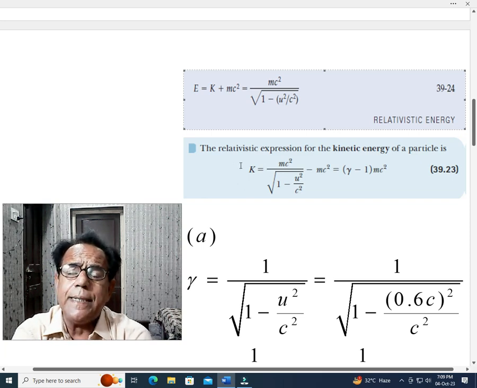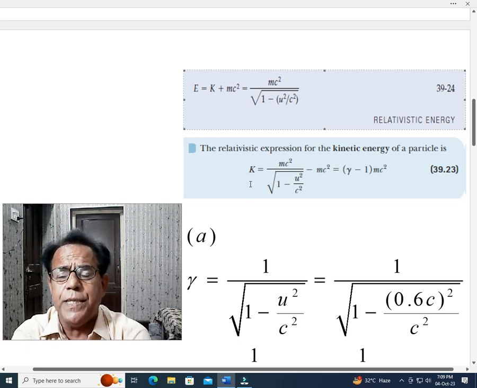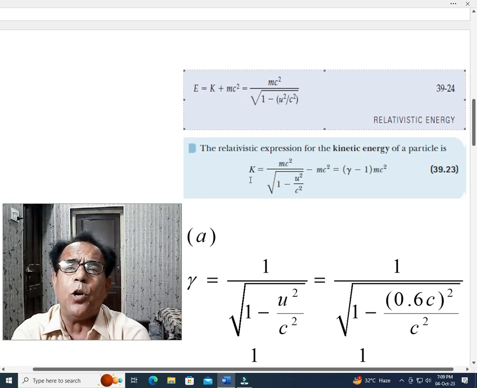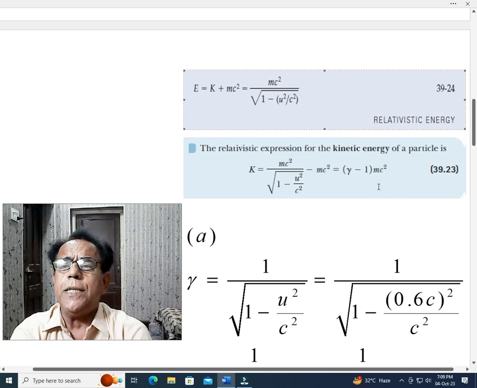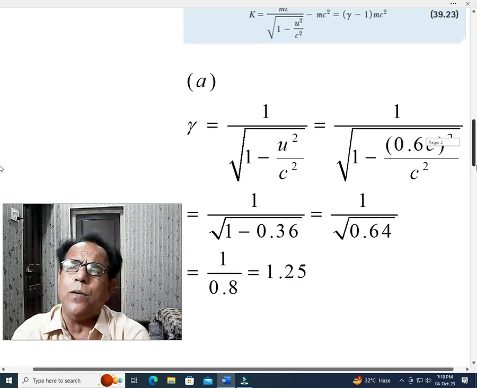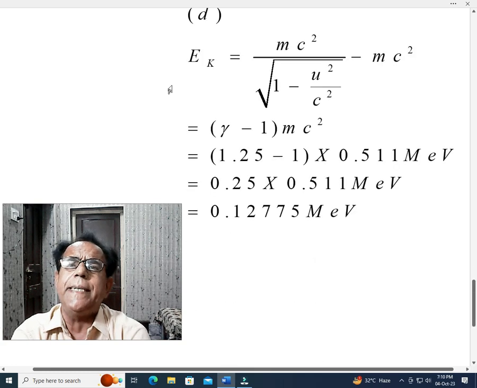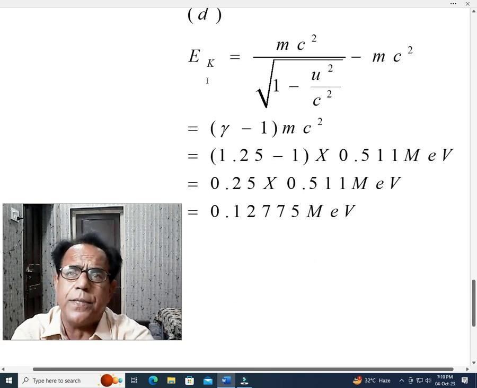Here kinetic energy is expressed by simply K, while in our problem statement kinetic energy is denoted by EK, where K stands for kinetic and E stands for energy. So K or EK, no difference.